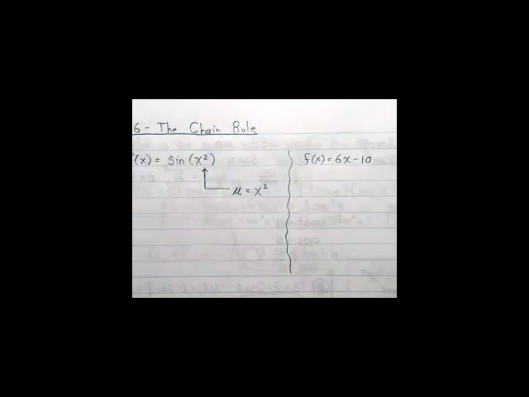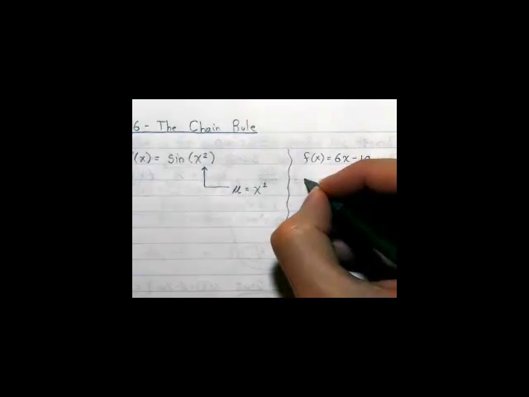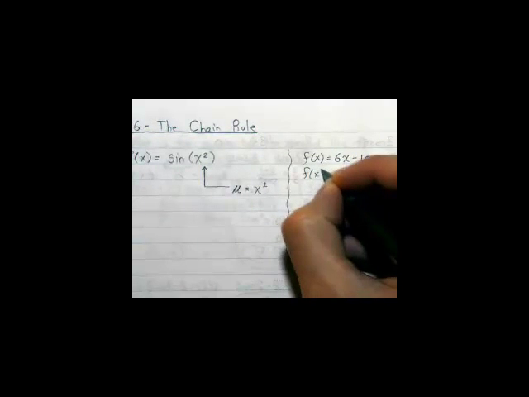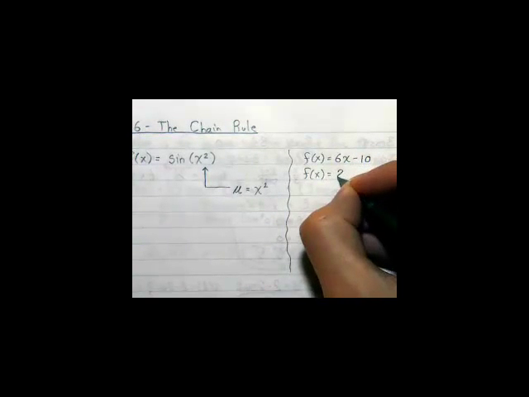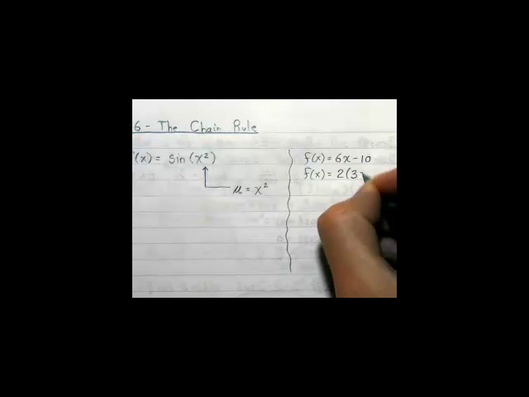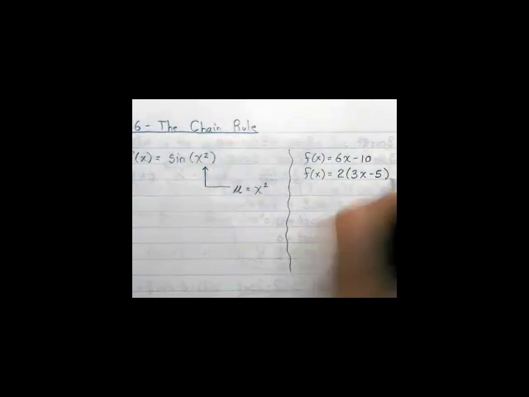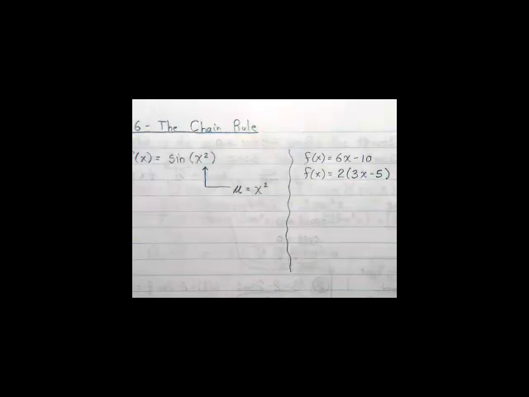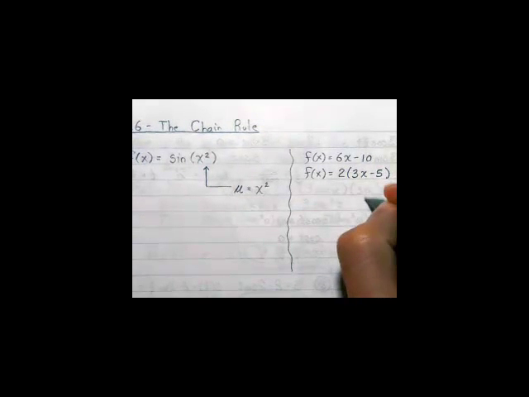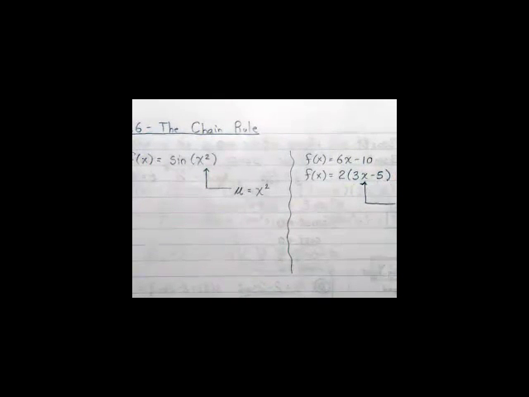I'm going to turn this one into a substitution problem, though, just because I can. I'm going to make it 2 times (3x minus 5). And my substitution is going to be this little piece here.